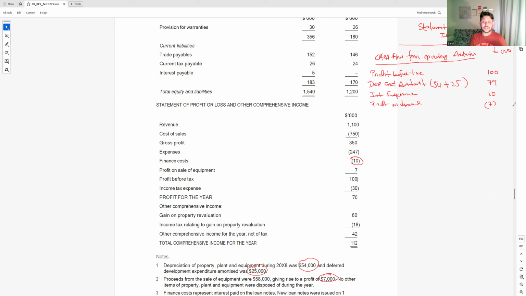Working capital changes means the inventory, trade receivables, and the payables. So we have 179 plus 10 minus 7, that's 182.